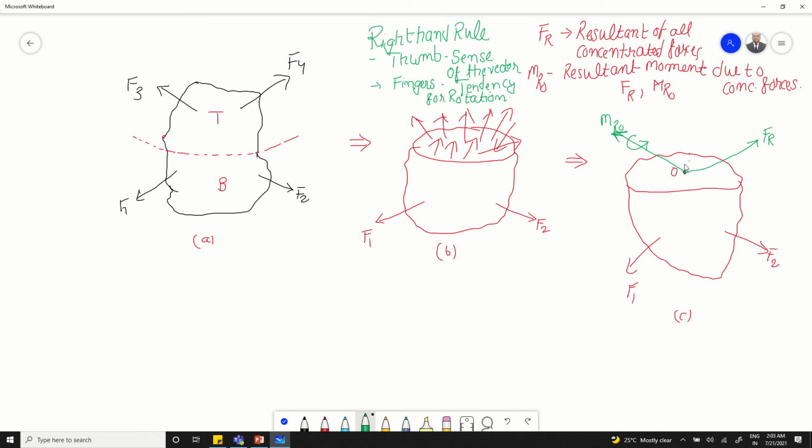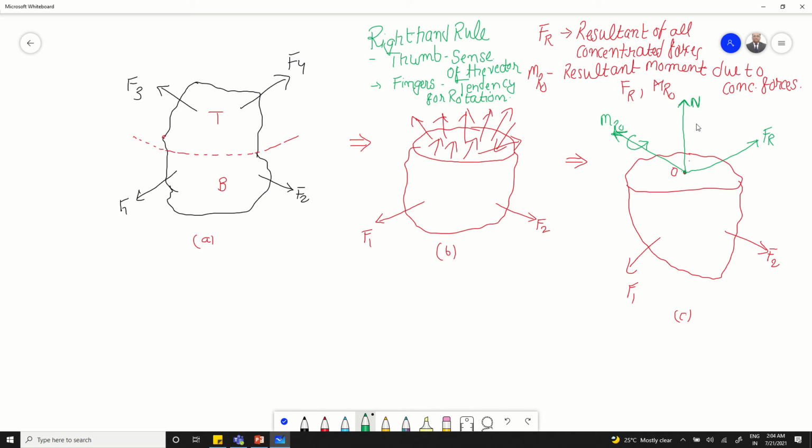Now this FR was divided into two components. One component was normal or perpendicular to this exposed or sectioned area, and we represent this normal component as the normal force denoted by N. This force N is responsible for changing the dimensions of the body.